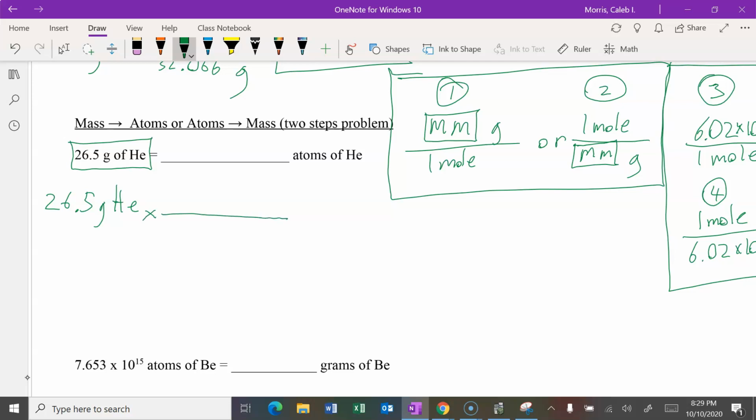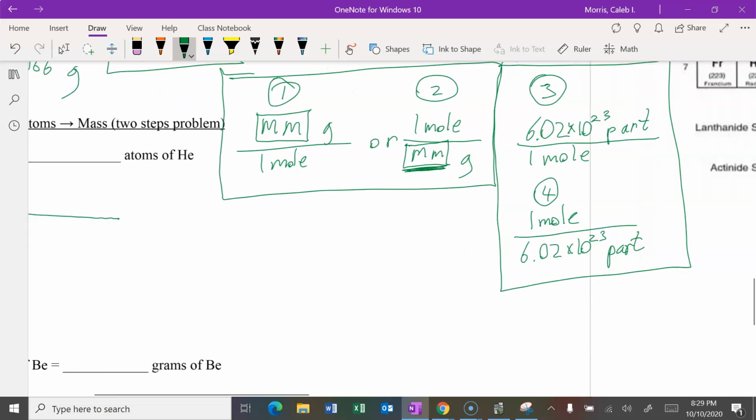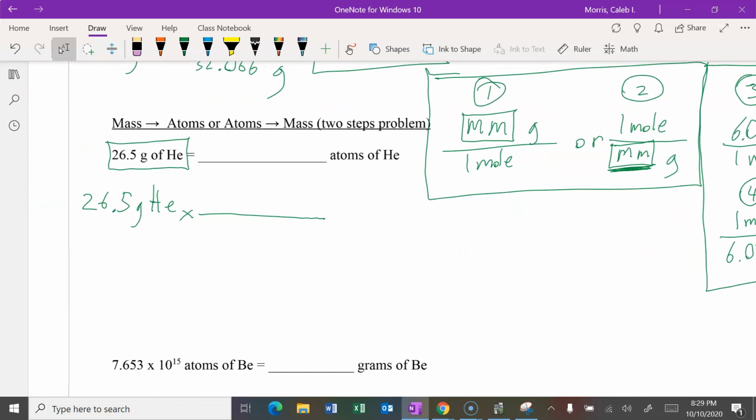I hope you notice these are just particles, so there's no gram here. This has grams on the top, so that wouldn't work. And the second one, conversion factor number 2, has our molar mass in grams on the bottom, so that's the only one that would actually cancel out correctly.